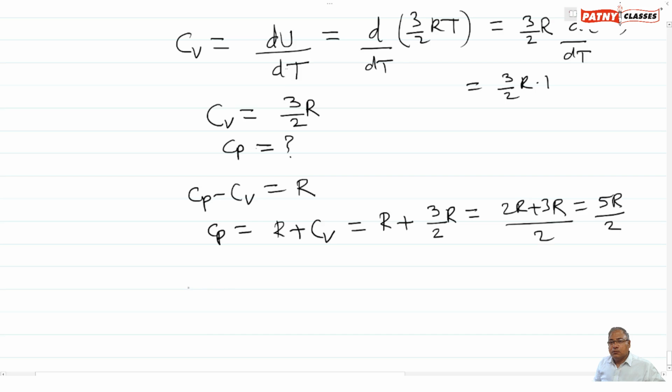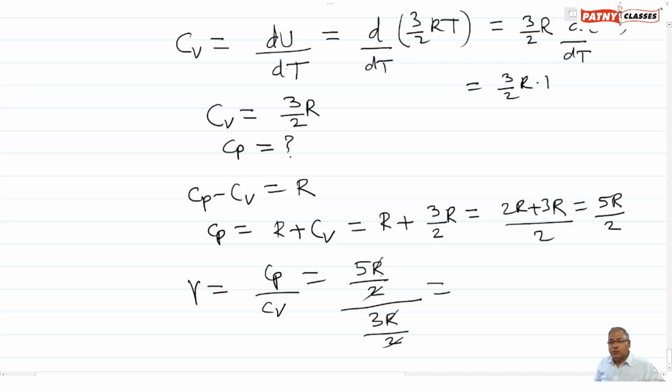Now we need to find gamma. Gamma is nothing but Cp upon Cv. The Cp value we got is 5R divided by 2 and the Cv value is 3R divided by 2. So 2 gets cancelled, R gets cancelled, which implies the gamma value for monoatomic gas is gamma equals 5 divided by 3.